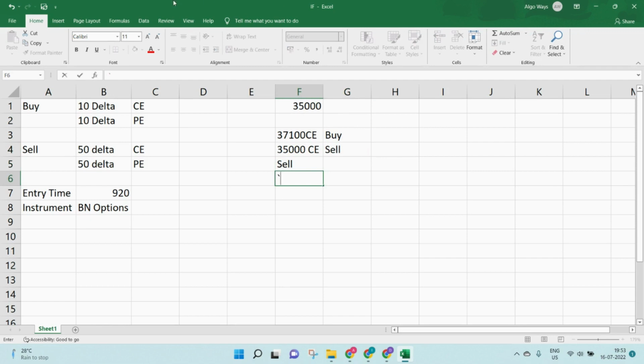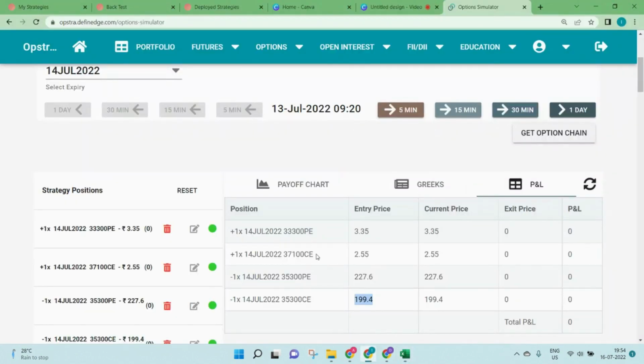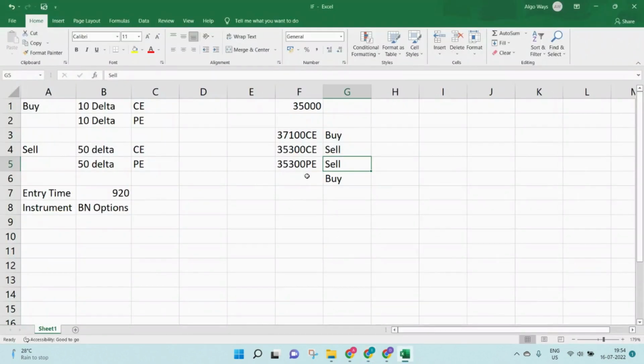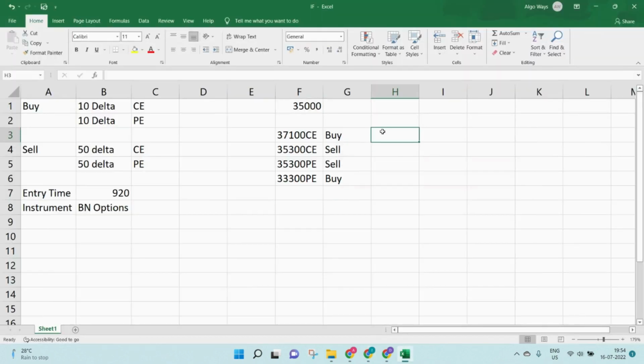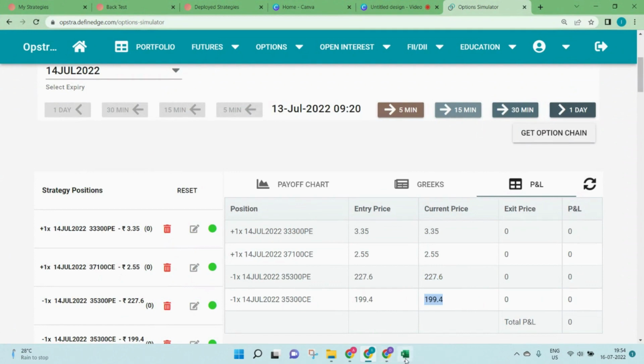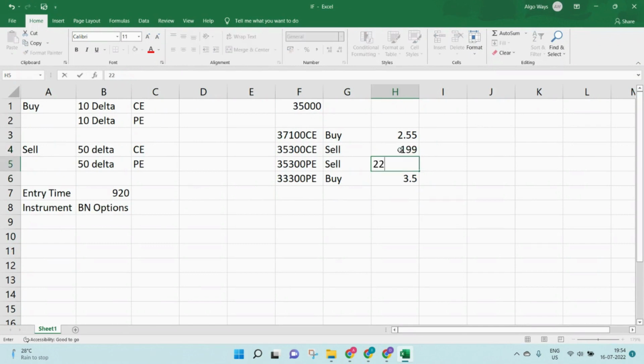The sell legs are 35,300 C and 35,300 P, and our P leg buy is 33,300 P. So this will be our initial position, and let me put the premiums as well. 3.5, 2.55, 2.55, 3.5, 227, 199, 199, 227.